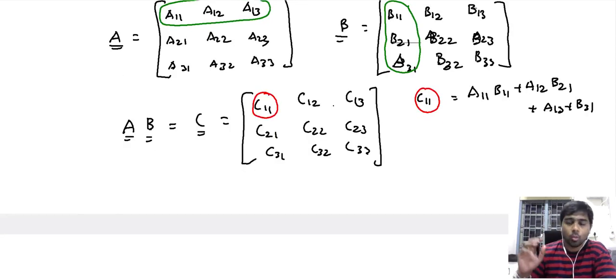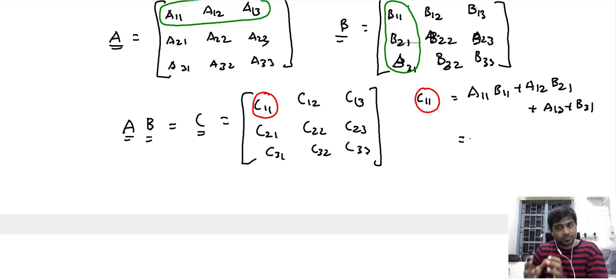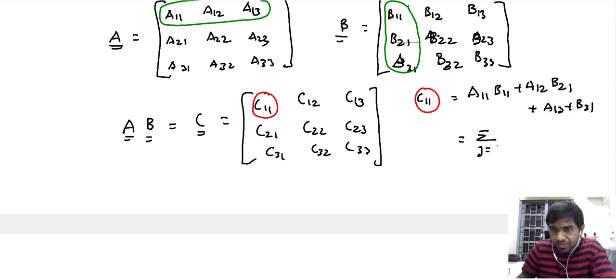Now, we don't want to jump into any convention or notation as of now, we will just write it as it is. We have two indices for each of the elements, and we can see certain indices that are repeating. So this can be represented as the summation of j that varies from 1 to 3 of a1j bj1.